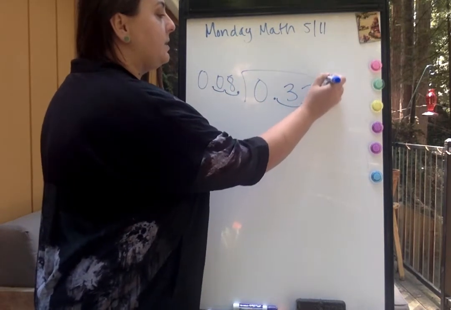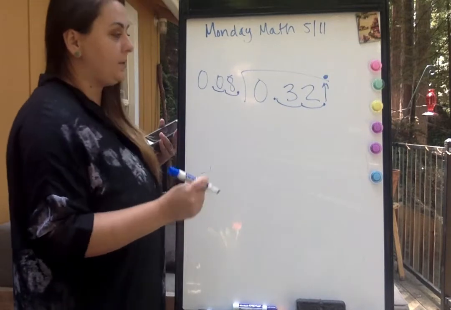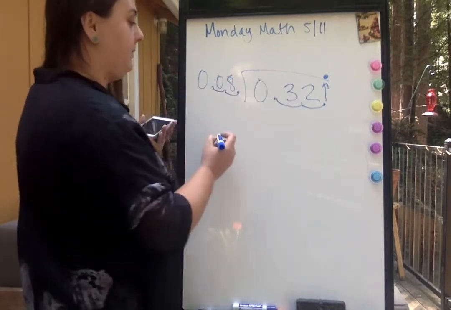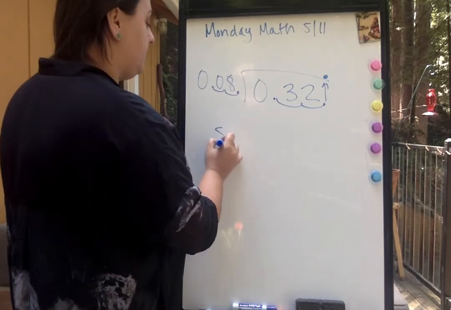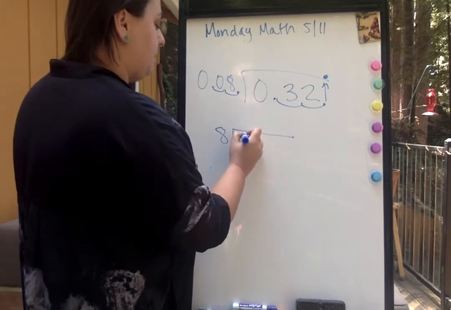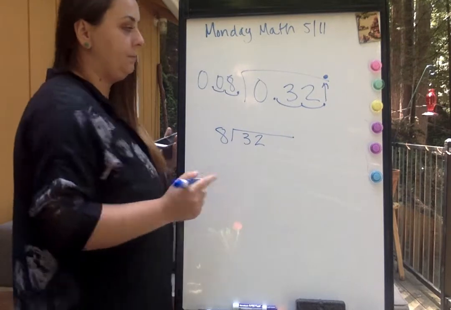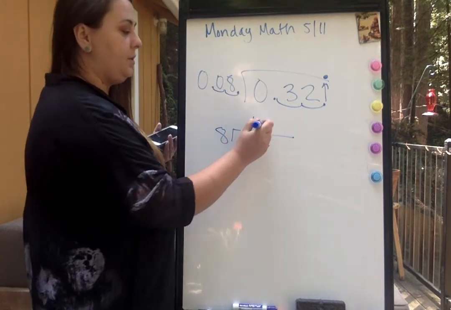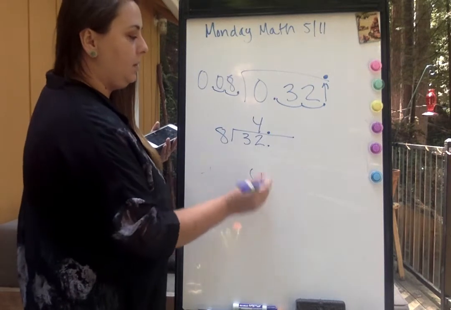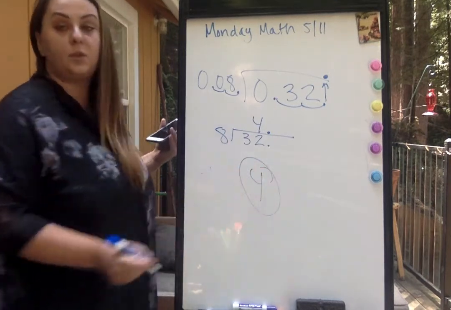And then I'm going to bring the decimal point straight up. So I'm going to rewrite this so I don't confuse myself. I'm going to drop these 2 zeros. I don't need them anymore. So 8 divided by 32. 8 goes into 32 4 times. You don't need this decimal point. It's just a big 4.